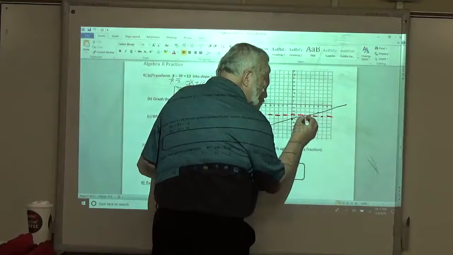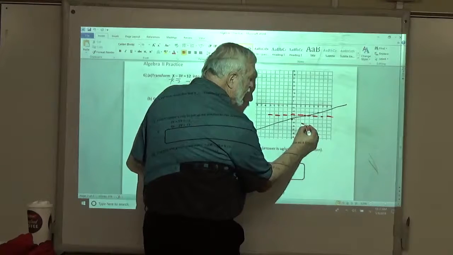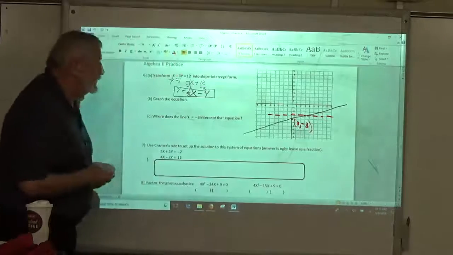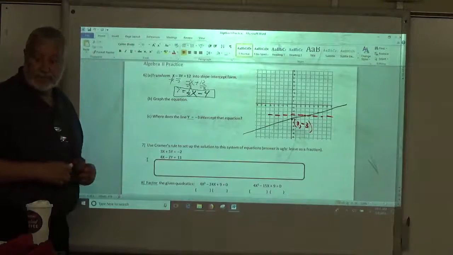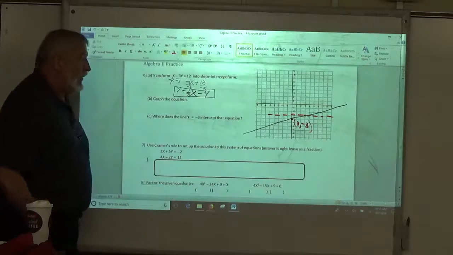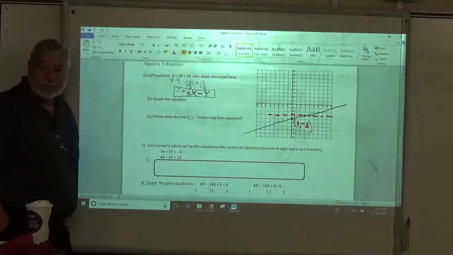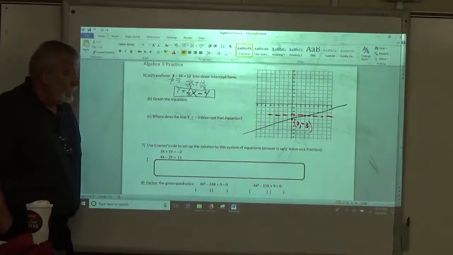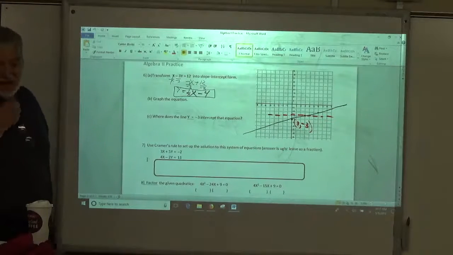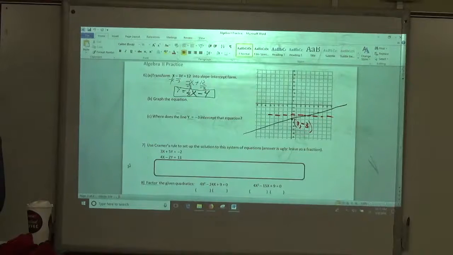And they meet right there at -3, 3. All right. Now, got some erasing to do.